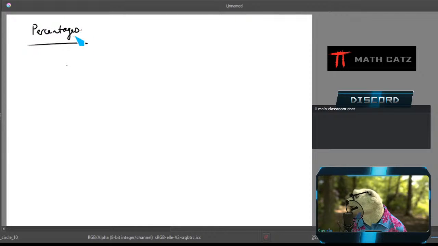Percentages. Now, people see percentages in a variety of ways that I can't always predict, but it's really quite simple. I can have many different fractions, right? Many kinds of fractions and proportions, because the denominator can be so many different things.